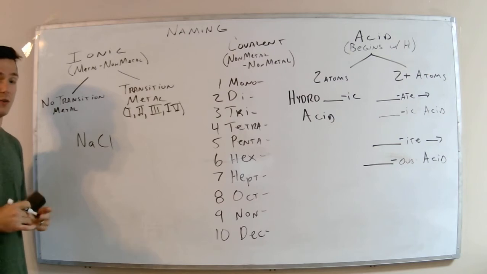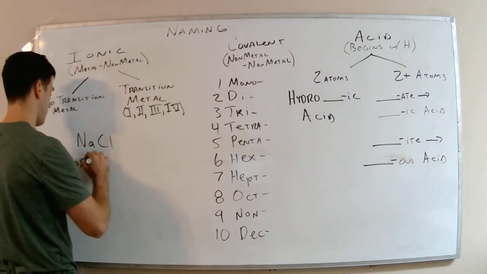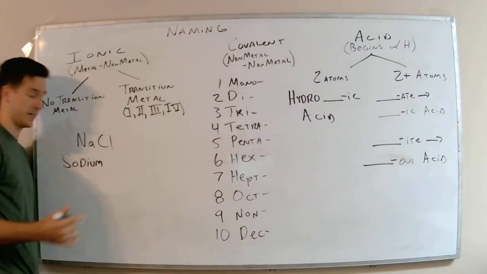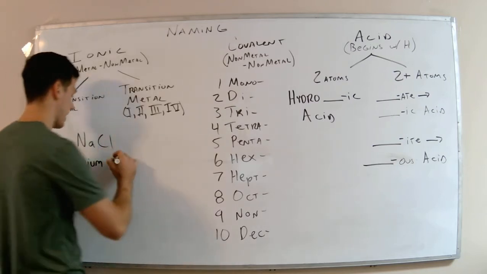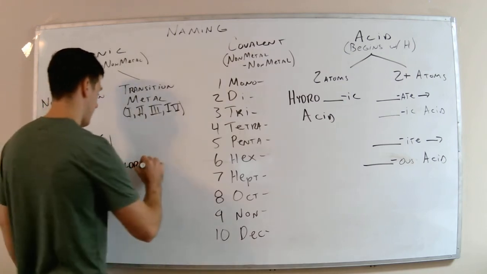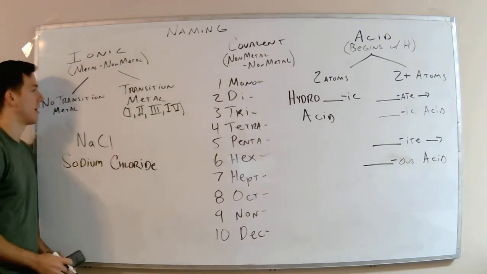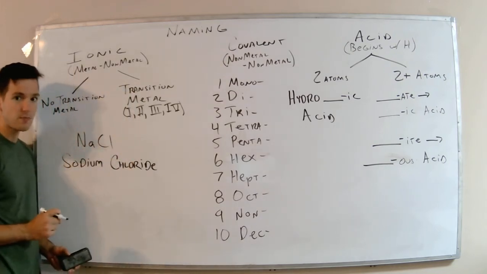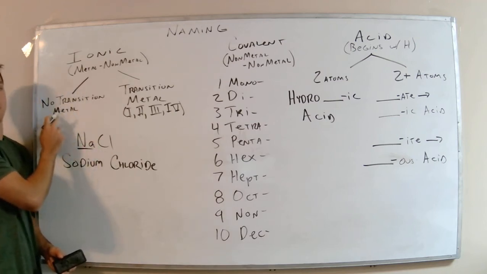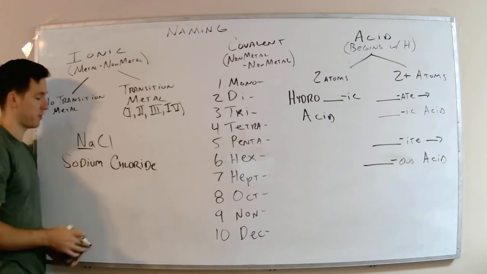All I do is I say the first element, which is sodium, and the second element is chlorine, but instead of saying chlorine, I keep the prefix of chlor, and I just add "ide" to the end. So sodium chloride. So this is ionic, and that sodium is not a transition metal.